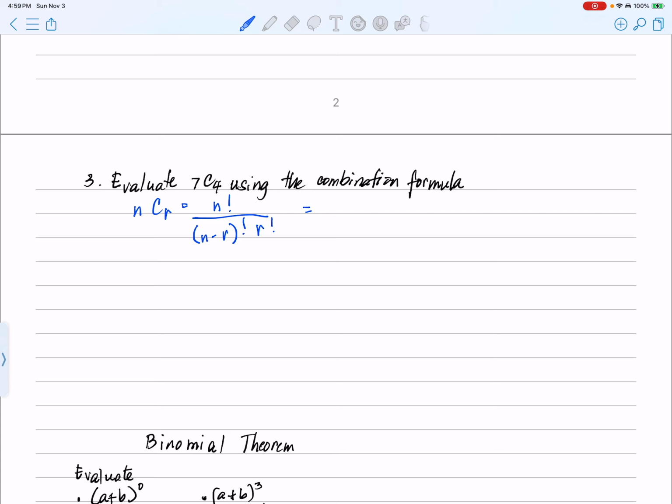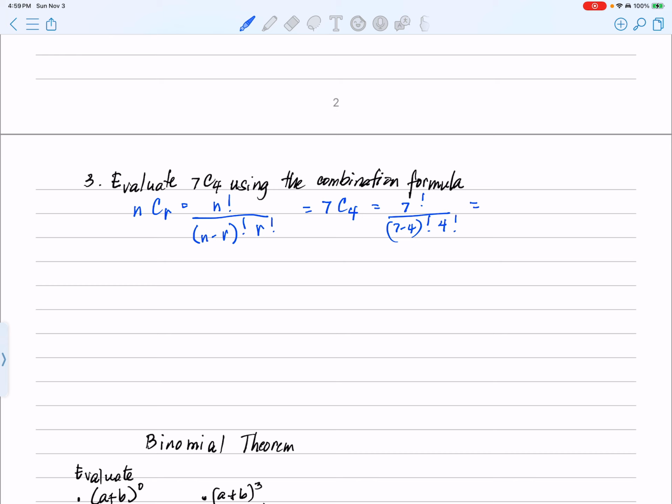So we have 7 choose 4. That means 7 factorial over 7 minus 4 factorial and then 4 factorial.